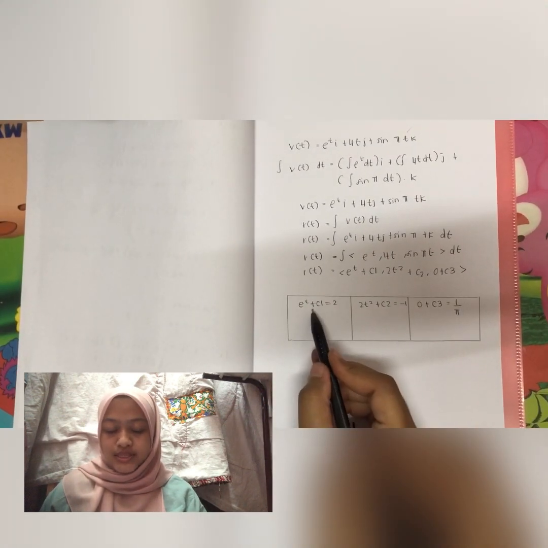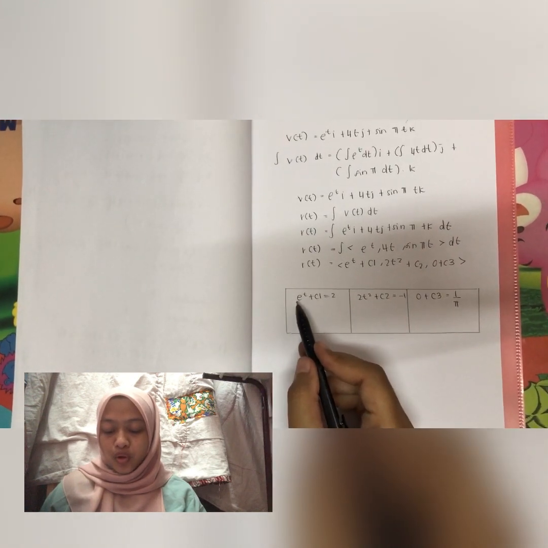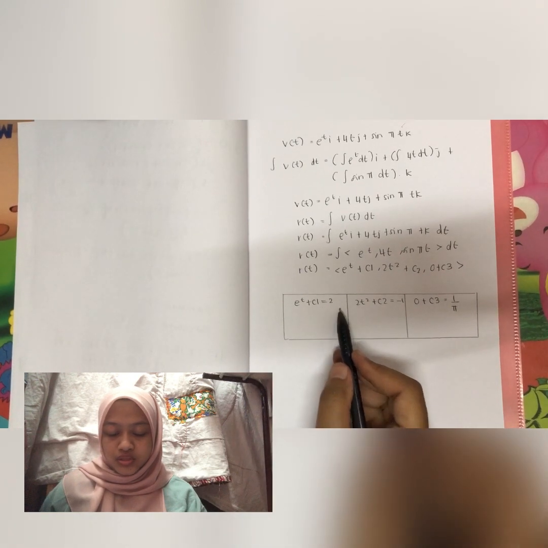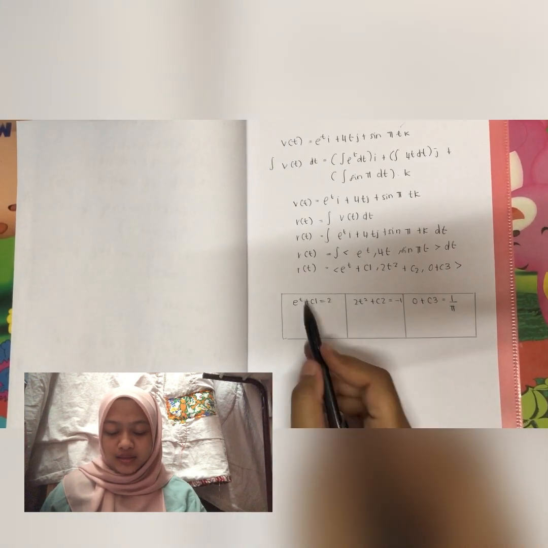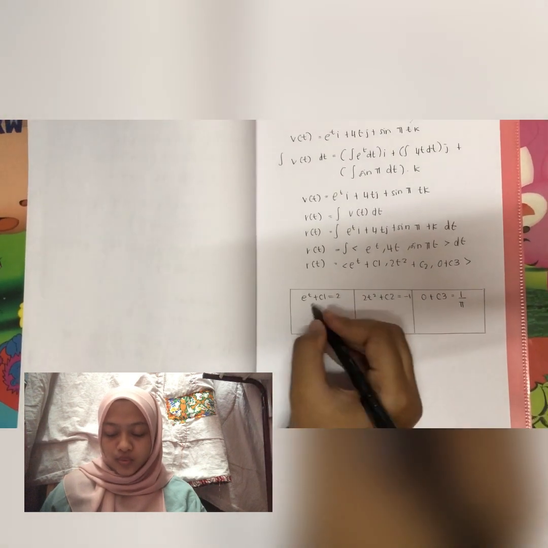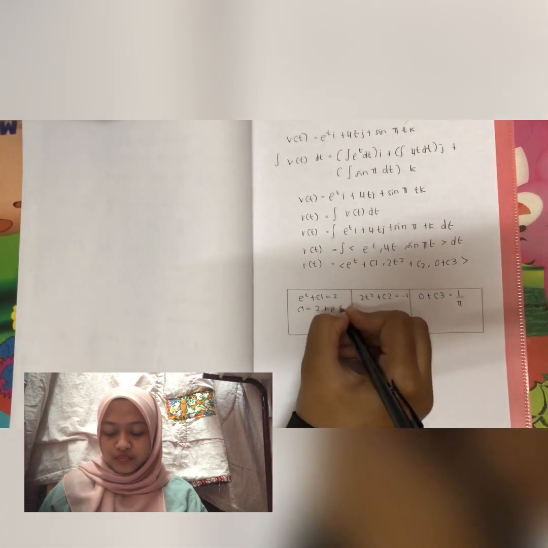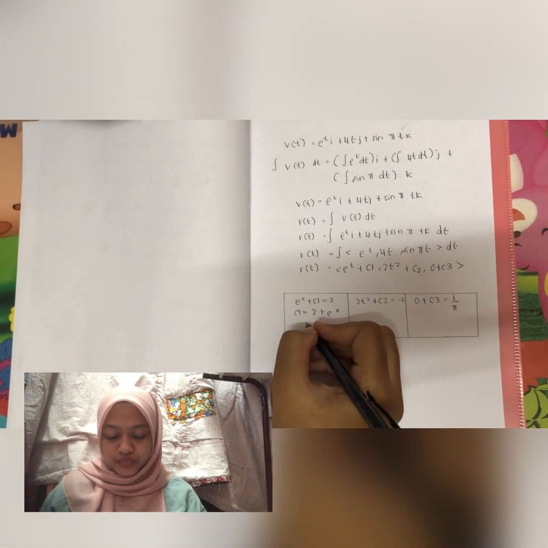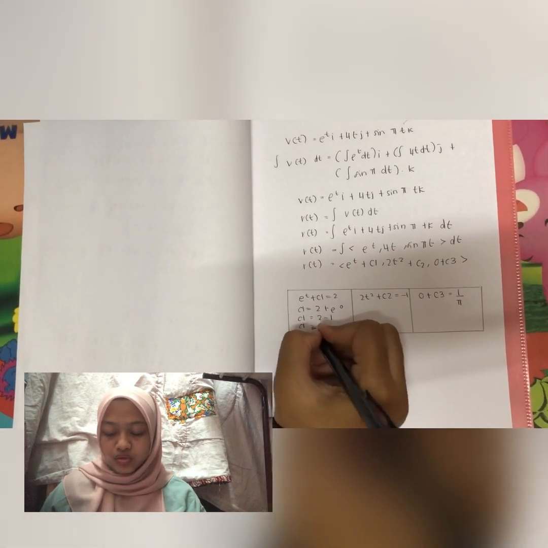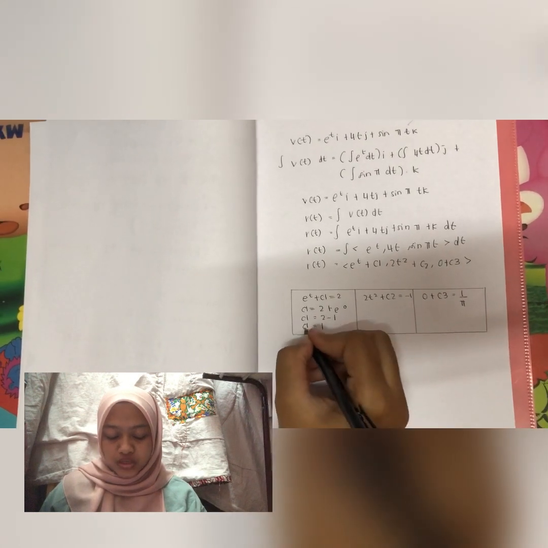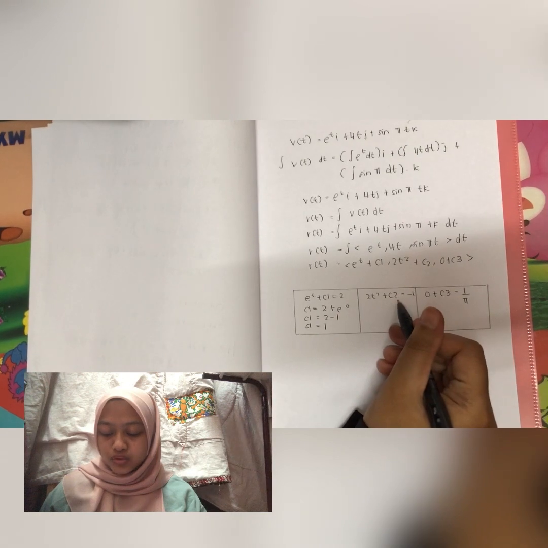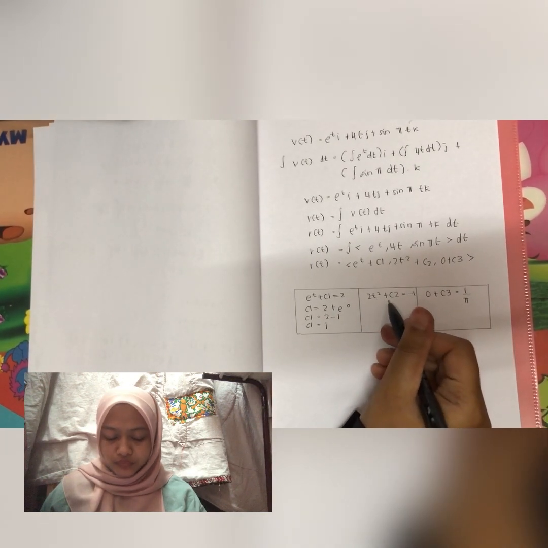First, for c1, the equation is e to the power of t plus c1 equal to 2. Move the expression to the right hand side and change its sign. We got c1 equal to 2 minus e to the power of 0. Then order the terms and the solution for c1 is c1 equal to 1. Second, for c2, the equation is 2t squared plus c2 equal to negative 1.